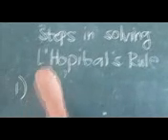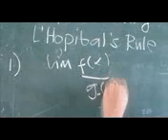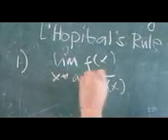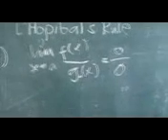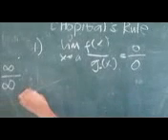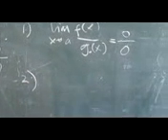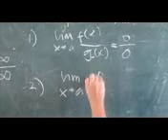Now, there are steps in solving using L'Hopital's rule. First, we have to prove that the given function is indeterminate. It could be 0 over 0 or positive or negative infinity over infinity, by using the limit theorem. Second, we differentiate separately the numerator and the denominator using first derivatives. There are a lot of rules and derivatives that we could use.